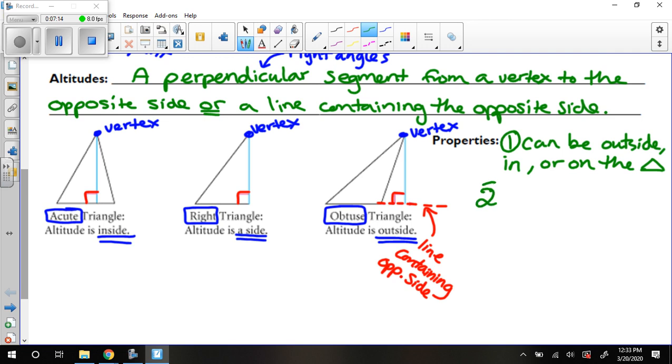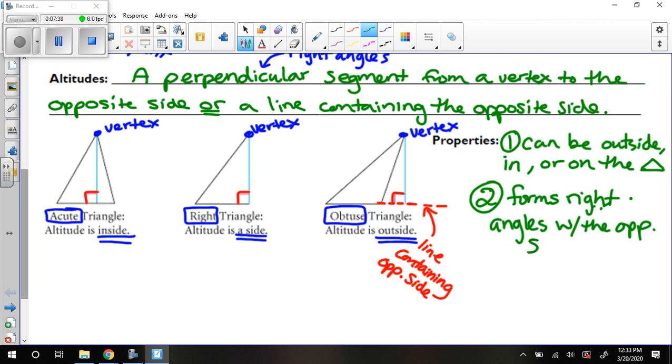Okay, the second property is that it forms right angles with the opposite side, or a line containing the opposite side. Either way, it makes a right angle.